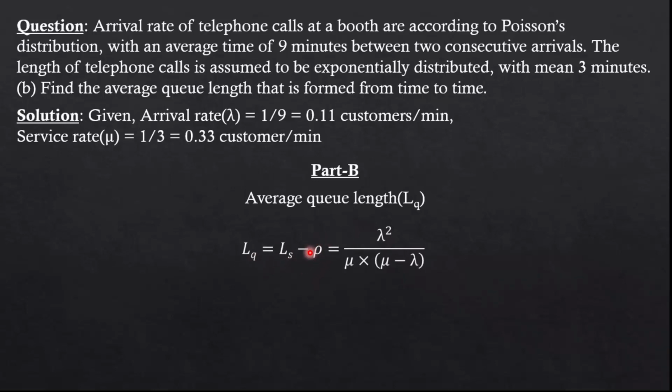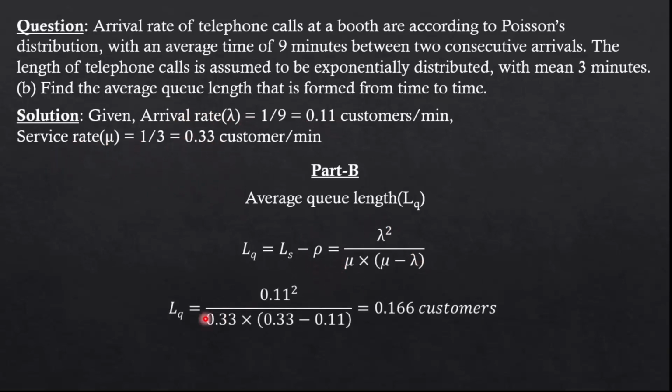Now if you put rho equals lambda by mu in the equation of LS, we will get this particular equation. Now we will put the arrival rate lambda equal to 0.11 and mu equal to 0.33 in this equation. So let us do this, and from here we can find out that the length of queue is coming as 0.166 customers.